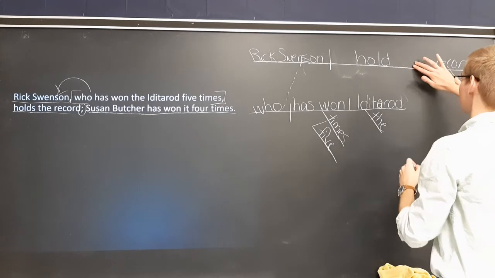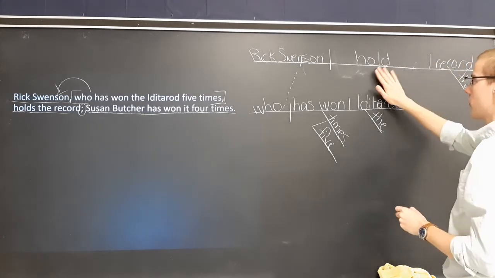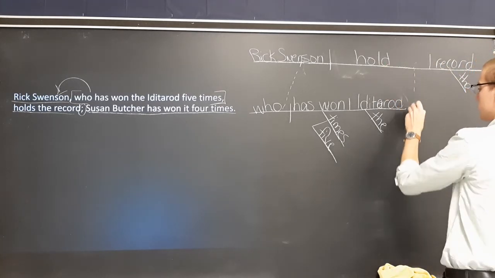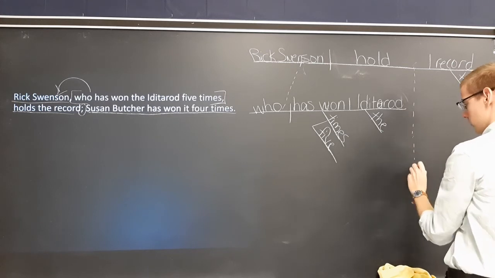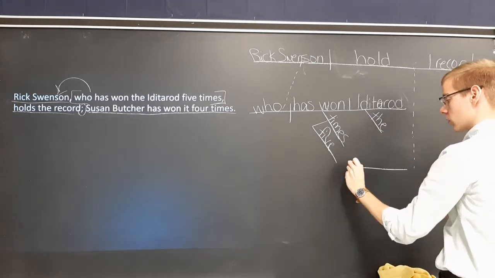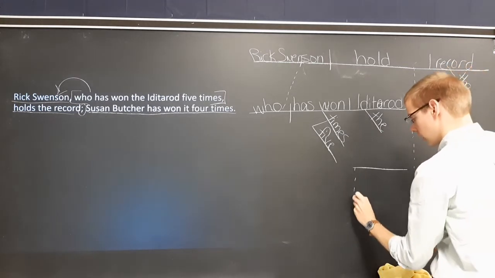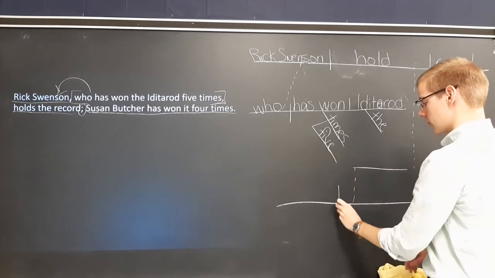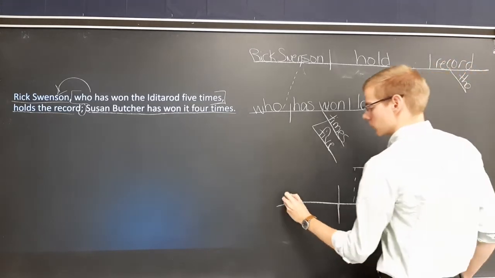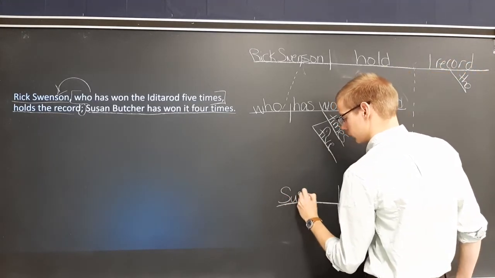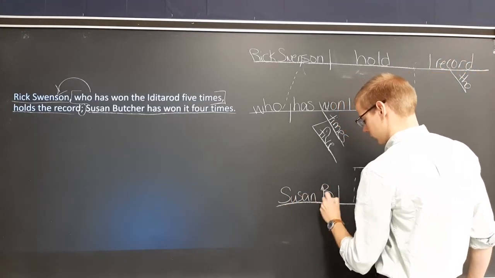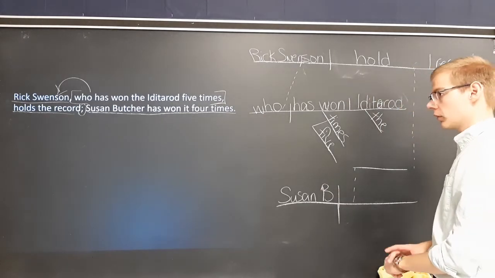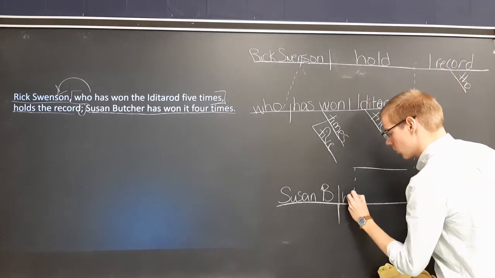Now, the reason why I'm doing this is that way we can have from verb to verb. I will do this backwards so we can actually write our thing here. Now, what is our subject in that next part? It's Susan Butcher. Did what? Has won.